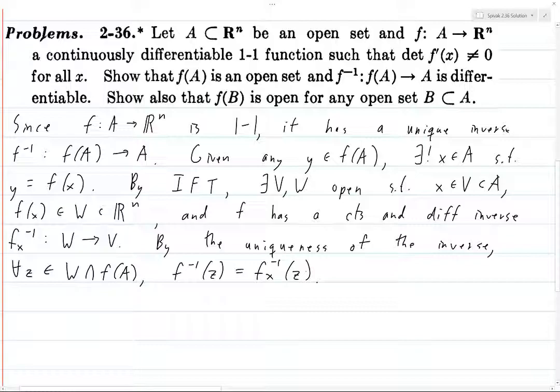Okay, so z is in f of A, so there exists a unique w in A such that f of w equals z.